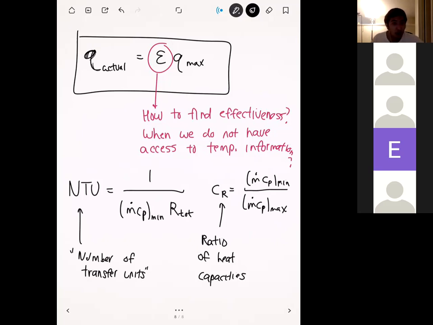Given that you can compute NTU and you can compute CR, then you can plug those into the following equations for effectiveness. First, let's write out the formula for a parallel flow concentric tube heat exchanger.